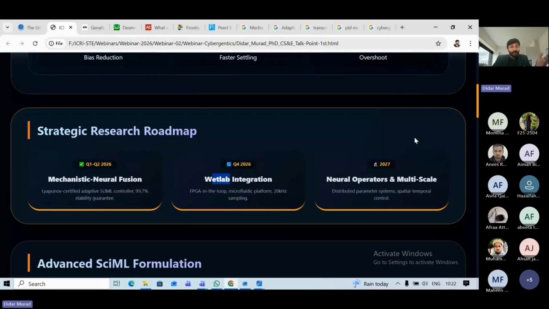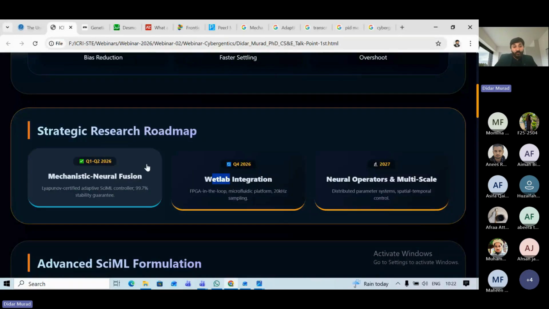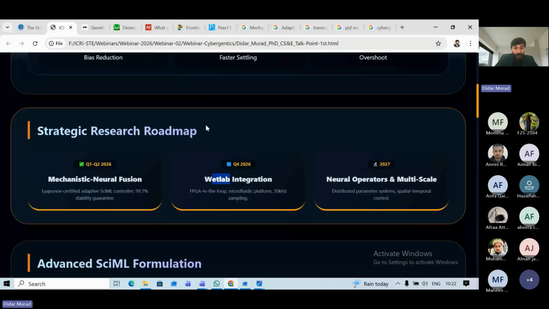The expression values, the change in the concentration of proteins, are considered spatiotemporal phenomena, because they evolve in space and time. We are developing this in our neural operators. These are the roadmaps that we are going to touch, and we welcome you to come and discuss your problem here if you are interested.